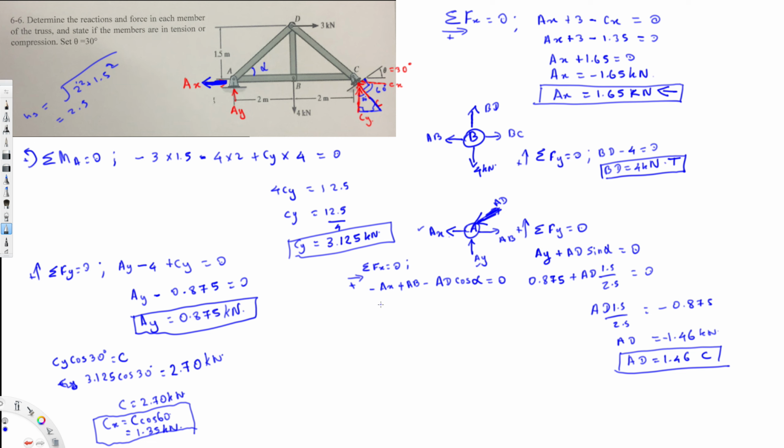We know AX already, it's 1.65, so we have to put negative 1.65. Then we have AB. Did we find AB? That's what we have to find. So AB and AD we have right here.